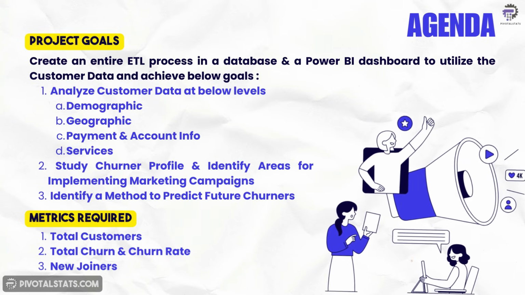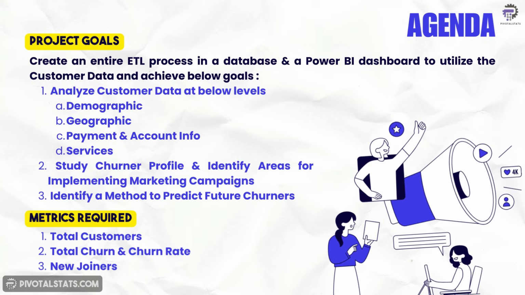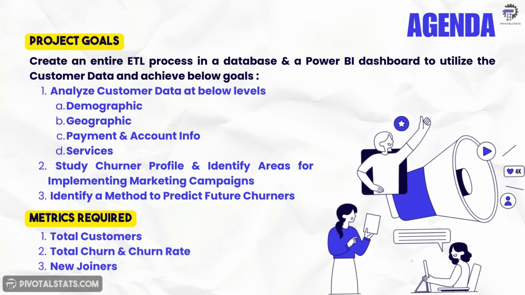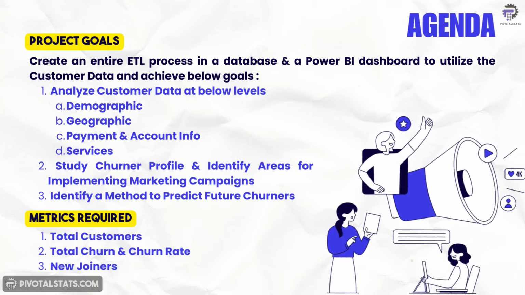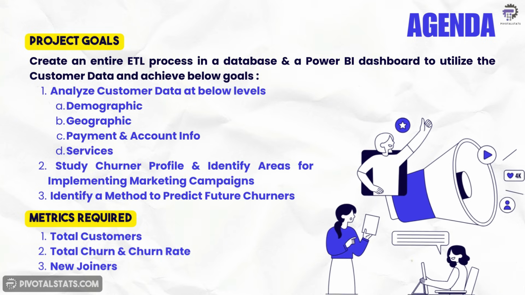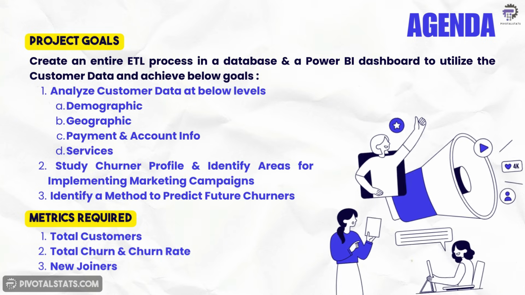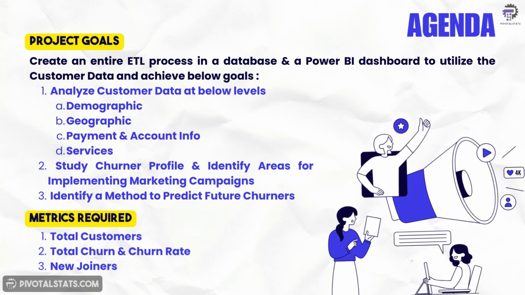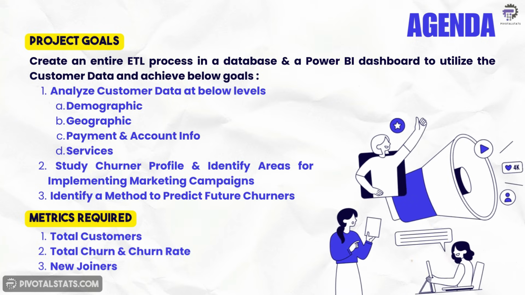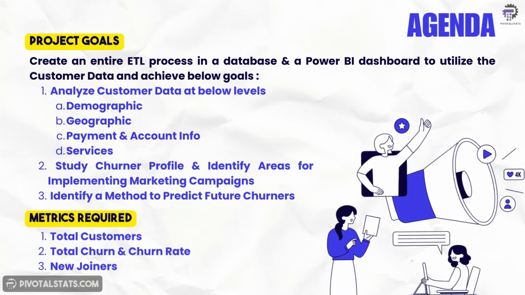Second one is to study churner profile and identify areas for implementing marketing campaigns. And thirdly, we have to identify a method to predict future churners. Finally, the metrics that we require in this entire project would be total customer, total churn, churn rate, and new joiners.